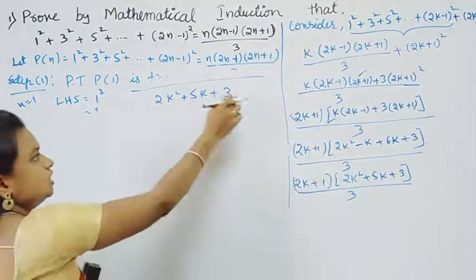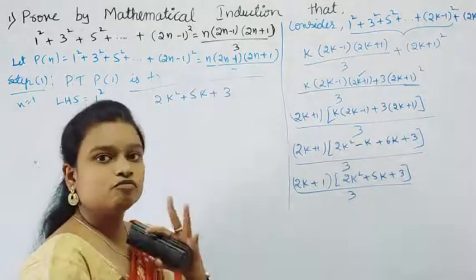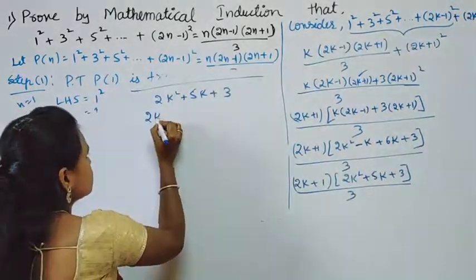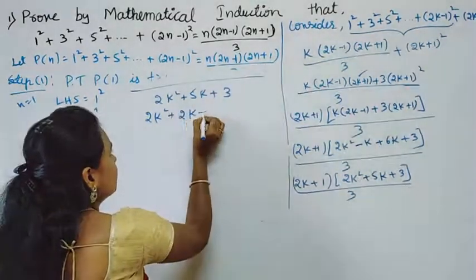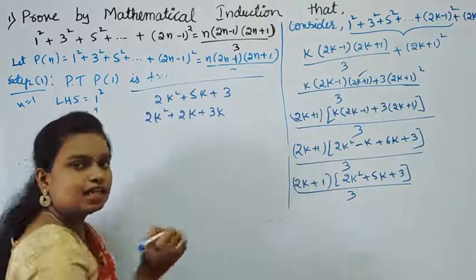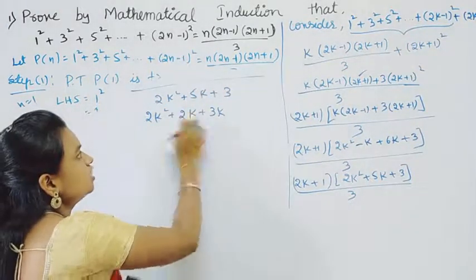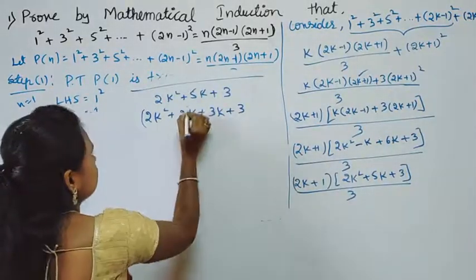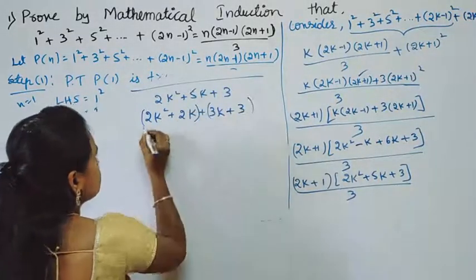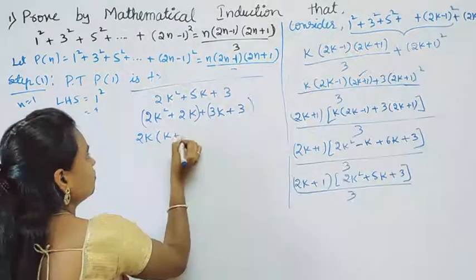So 2 threes are 6. The product should be 6, and if you add, it becomes 5. So 2k square plus 5k can be written as 2k plus 3k. Can we write like this? Yes, 2 plus 3 is 5k. 2 threes are 6, so plus 3. So group the terms. Here take 2k as the common factor, so it becomes (k plus 1).